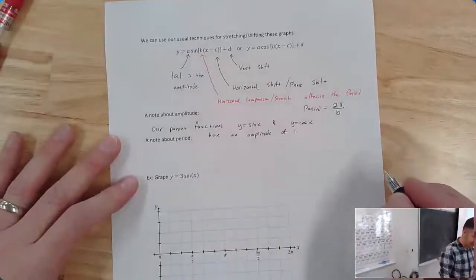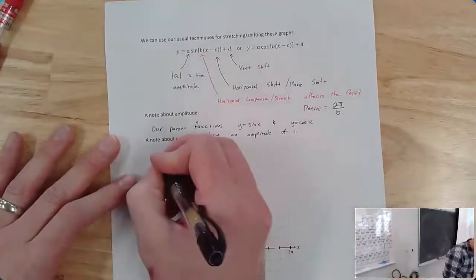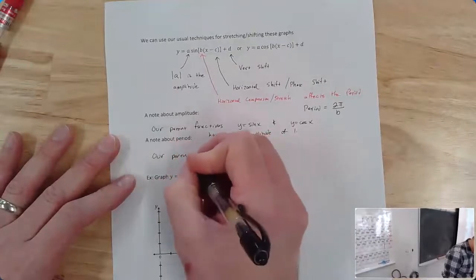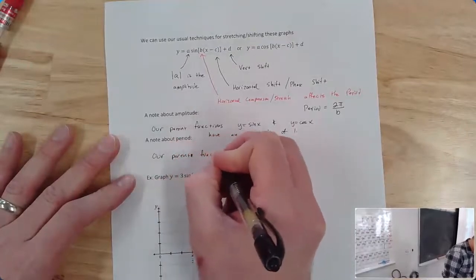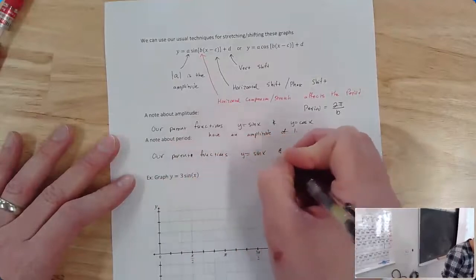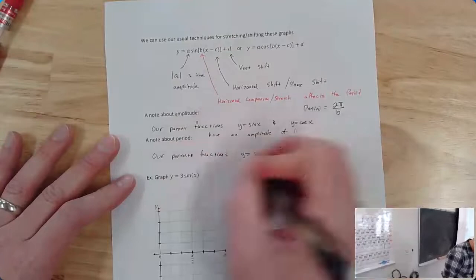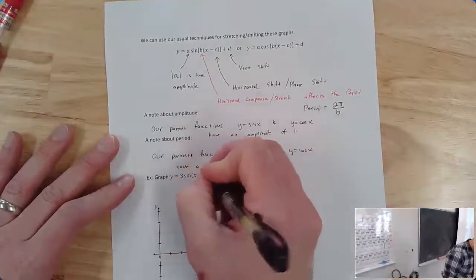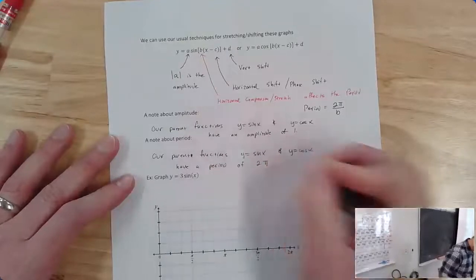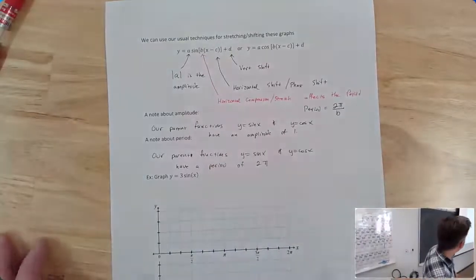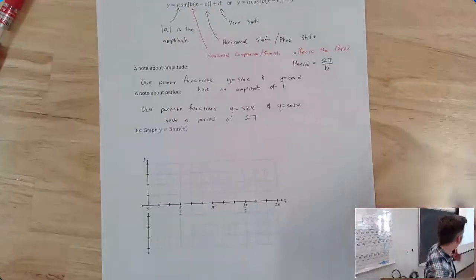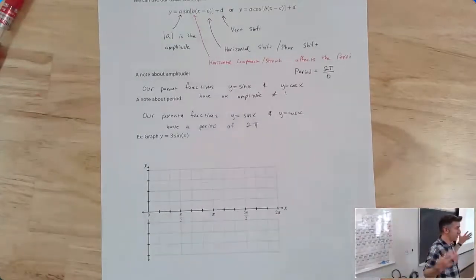As far as the period goes, same deal. Our parent functions have a period of 2 pi. I got ahead of myself, I guess, but I suppose I should write it here. Great. So if we're going to graph something like y equal to 3 sine of x, the only thing that's changing from the parent function is the amplitude.